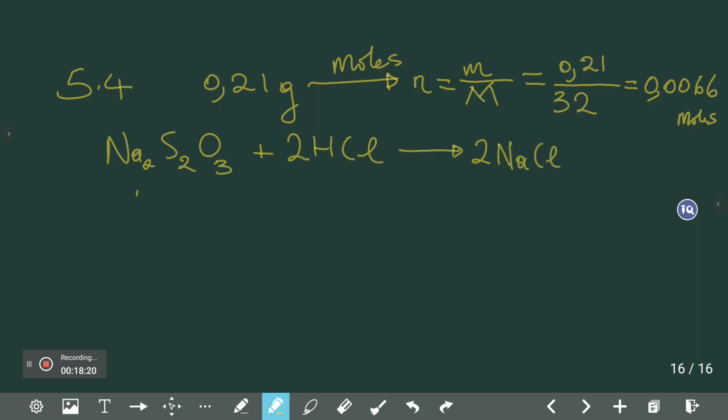The number of moles of sulfur is equal to the number of moles of sodium thiosulfate, which is 0,0066. Then convert to grams.